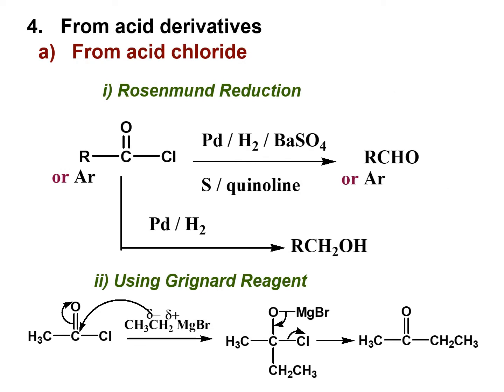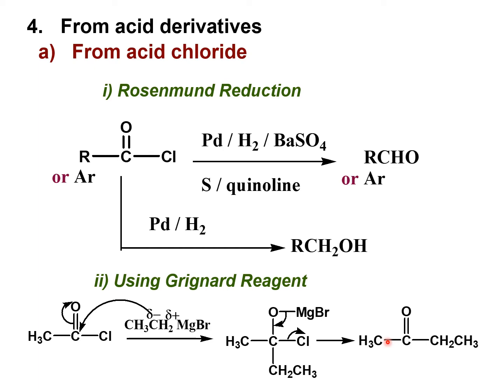Finally, we could prepare them from acid derivatives like acid halides and esters, either by selective reduction. In case of acid halides, we reduced using the Rosenmund reduction, which is hydrogen, palladium, barium sulfate, sulfur, and quinoline, ending in the aldehyde, or we can use Grignard and stop at the ketonic compound.